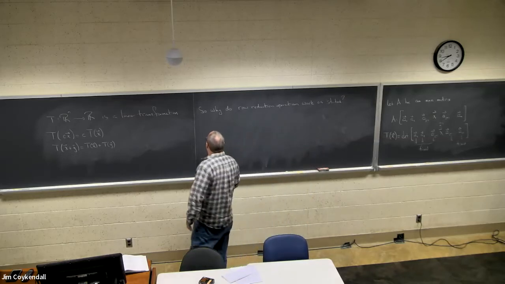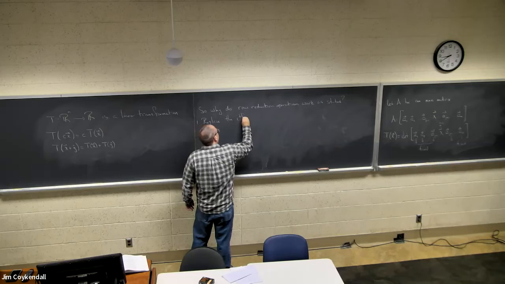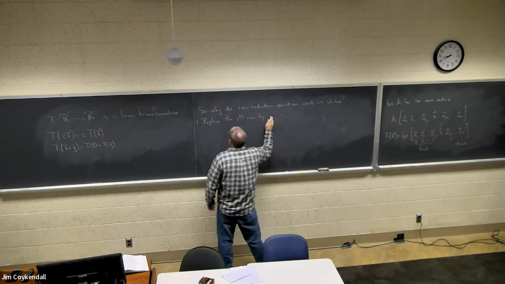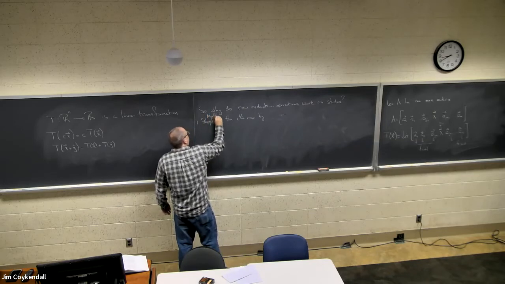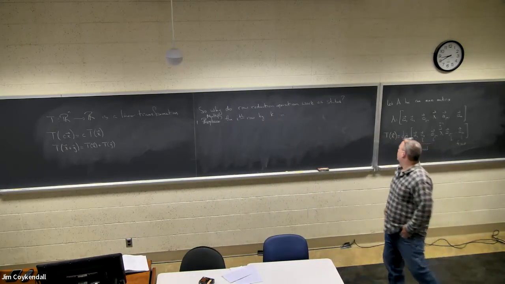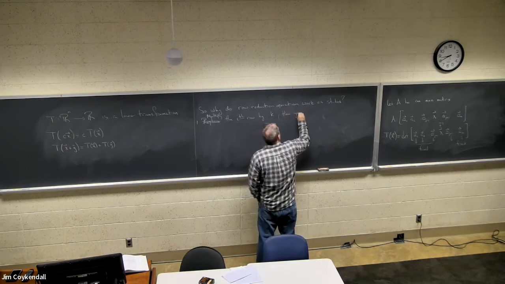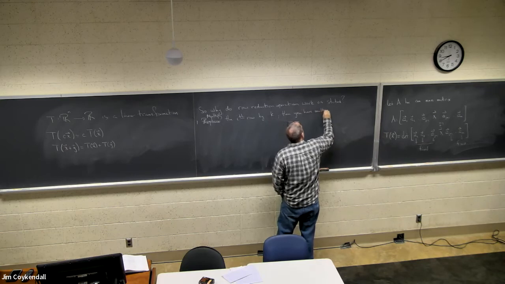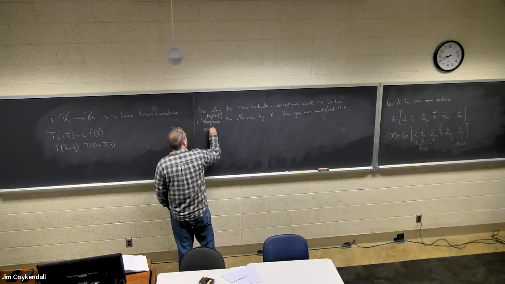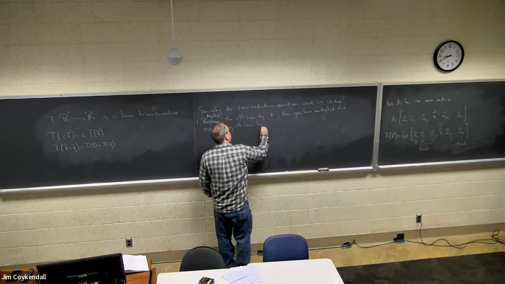Well, number one, if you multiply the ith row by a single multiple k, you have multiplied the determinant by k.